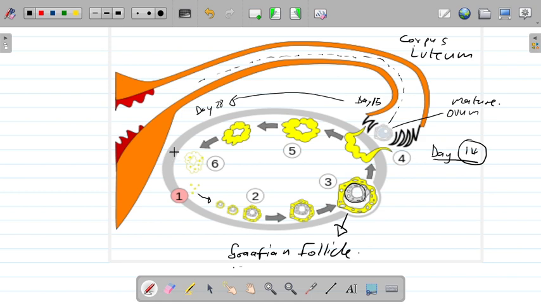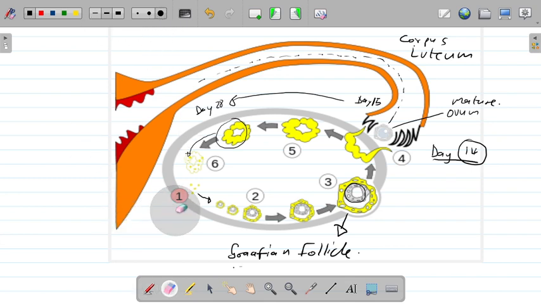If you're Virgin Mary and there's no intercourse, that means there will not be any fertilization. The corpus luteum starts to shrink and then it disintegrates. It degenerates. And then the whole process will repeat itself over and over again. That is what happens in the ovaries.